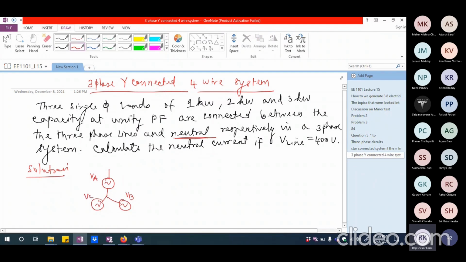These are the three phase voltages, and here is neutral. Now this is connected to a 1 kilowatt load. If it is a bulb, I can show it like this, 1 kilowatt bulb.